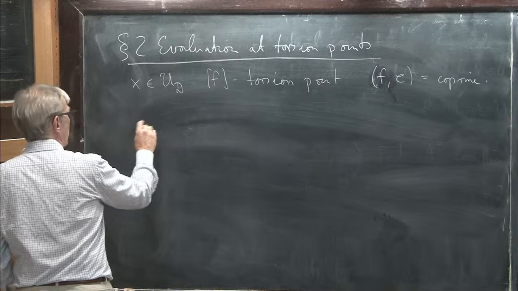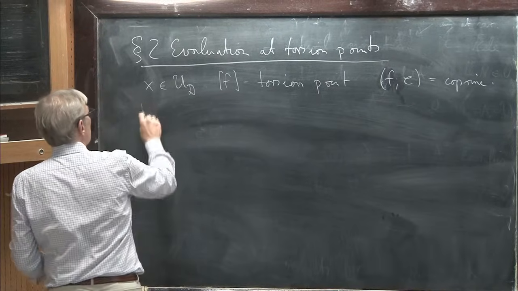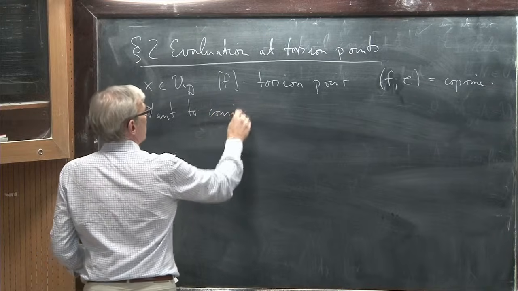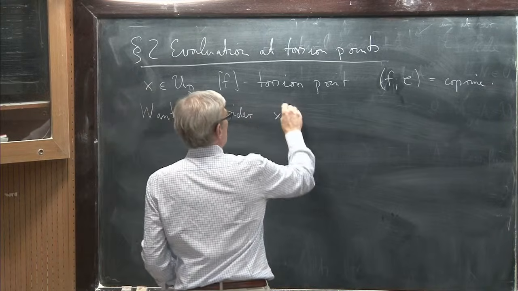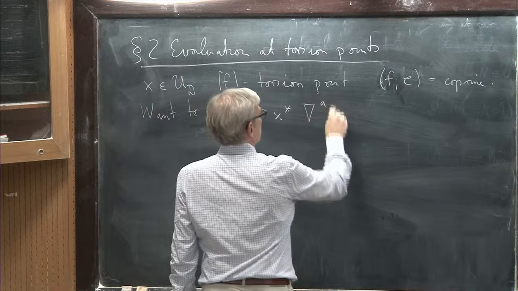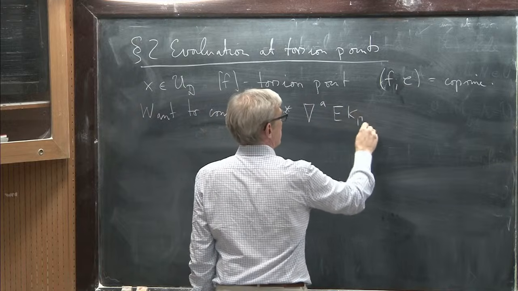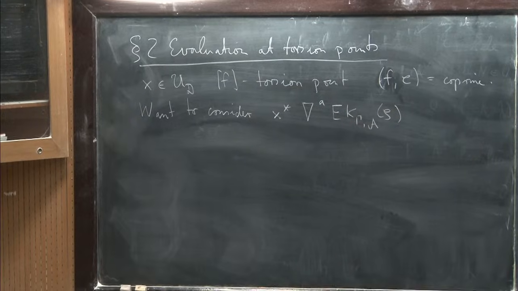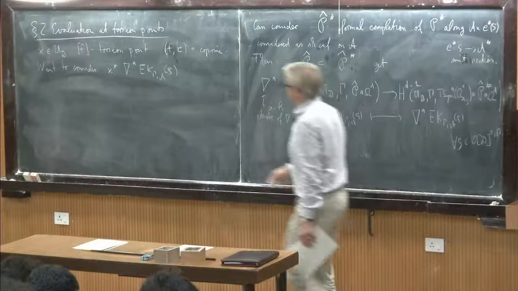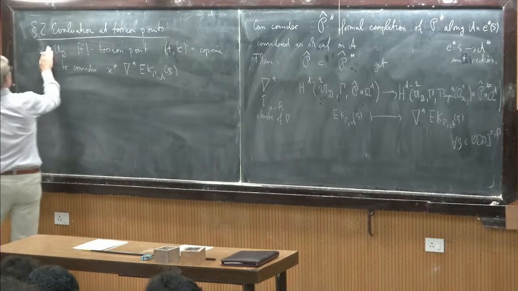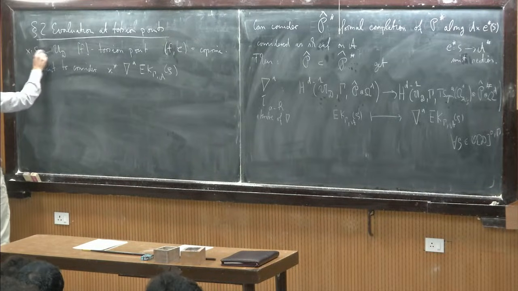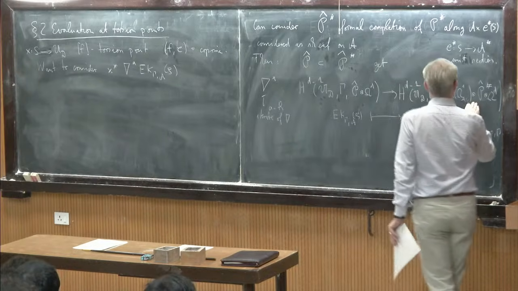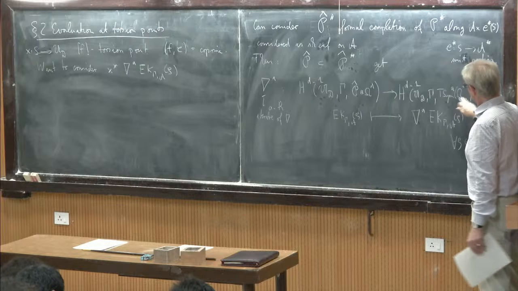And we want to consider the pullback of this class, which we just constructed, to the base. So we see this x as a map, maybe I write it more explicitly, from the base to U_D. We want to pull back that class, and then we want to understand it.